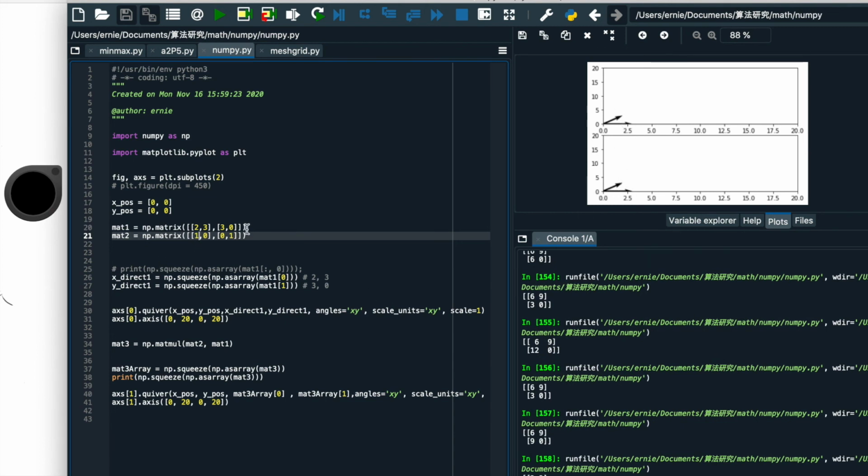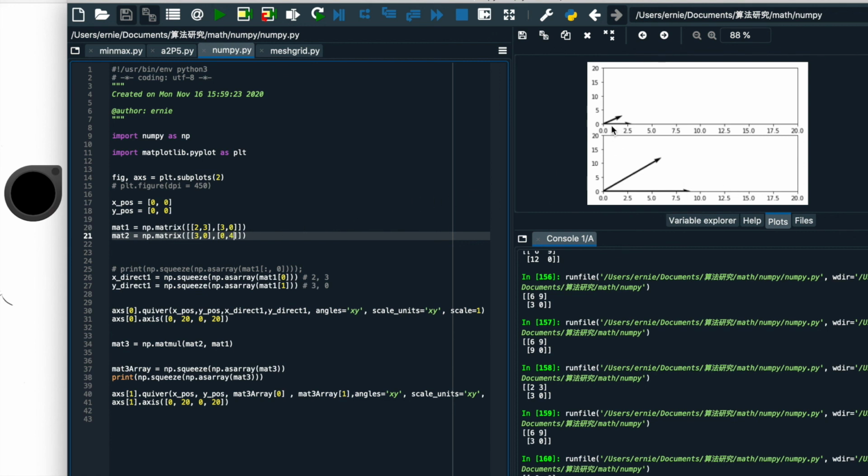But what if we change this to 3 again? We run again, and as we can see, this first parameter controls how long the vector grows along the x-axis. For example, I'm going to put 4 here. Since this one's y value is already 0, no matter what y value you put here, it's still going to be 0.